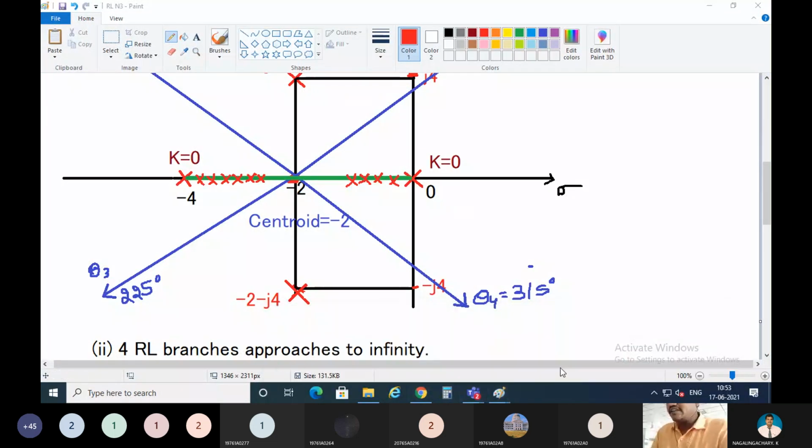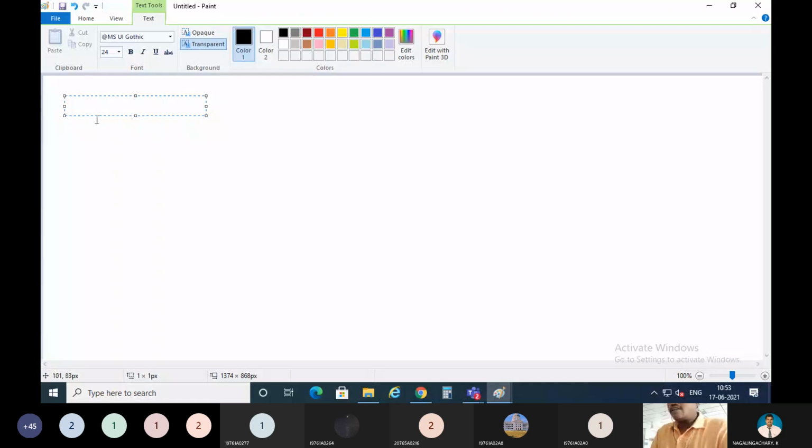Just indicate that point. That is the fourth point.